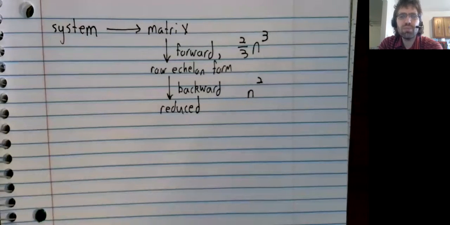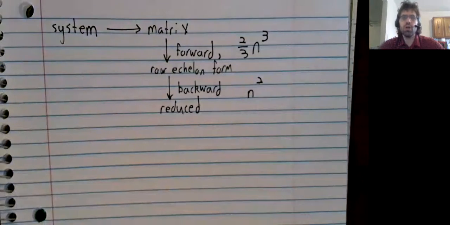Furthermore, in most applied situations, I think you go into it knowing whether the system is consistent. So the results of this video are more theoretical than practical, but it's a very important theorem.